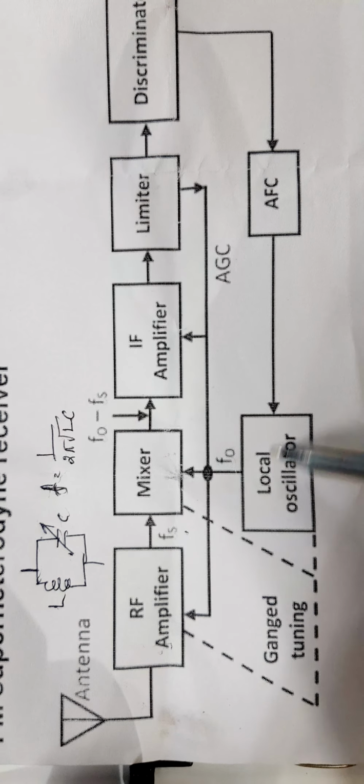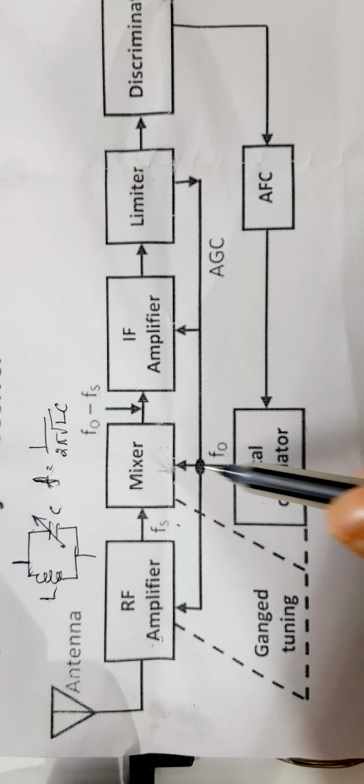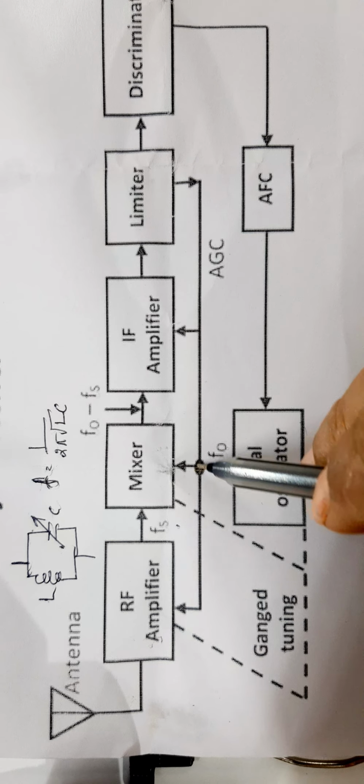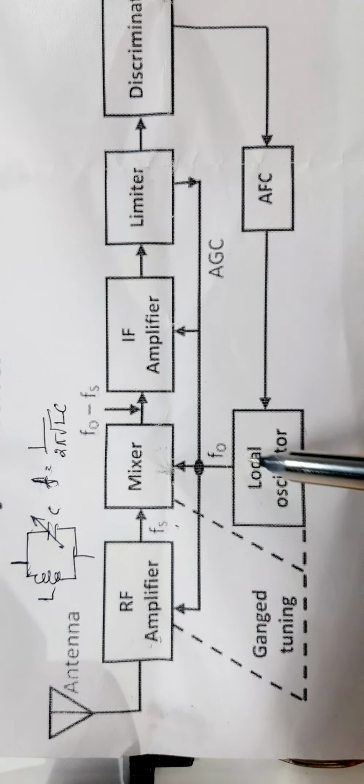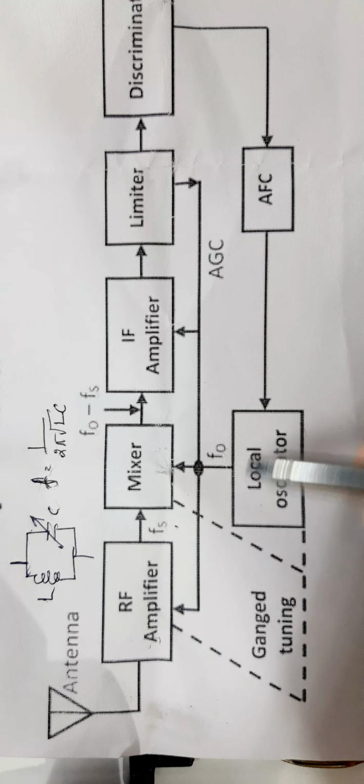That is called a local oscillator. This local oscillator creates a frequency locally. Let it be denoted by F0, the oscillator frequency. Fs is the signal frequency, F0 is the oscillator frequency locally created by a local oscillator.